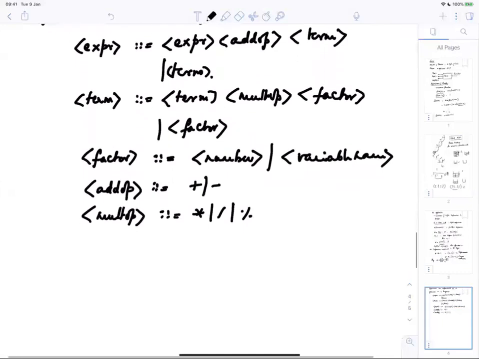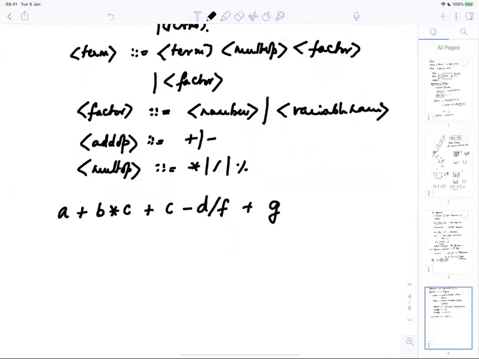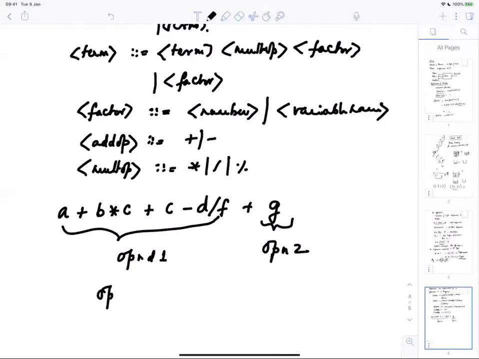Why am I talking about this? This actually says that if I have a plus b star c plus c minus d slash f plus g, then this is the expression, this is operand 1, and this is operand 2, and this grammar actually says that we perform operand 1 minus operand 2.